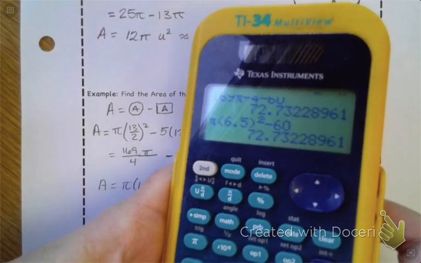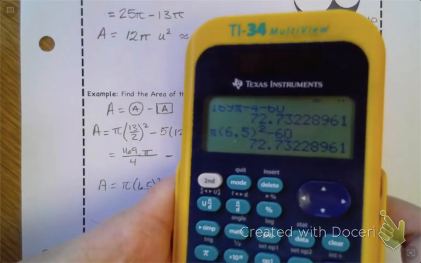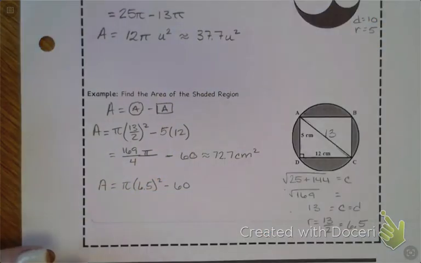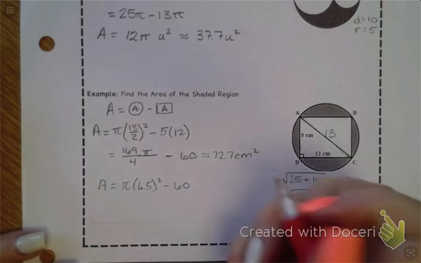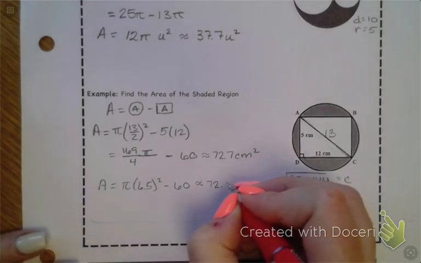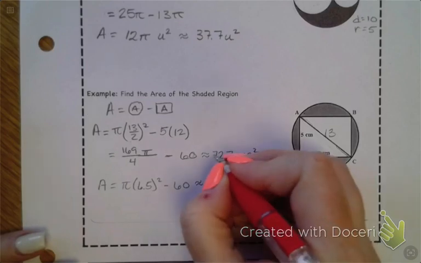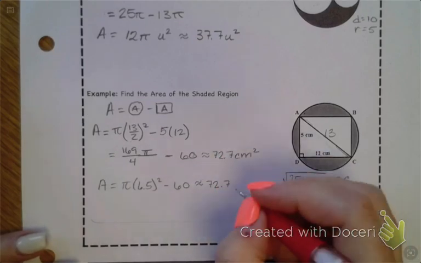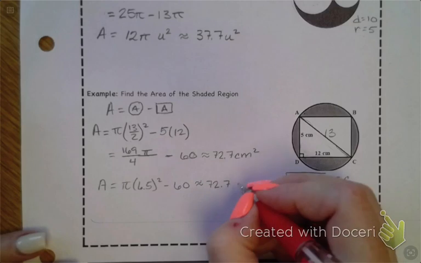And I get the same answer. So 72.7. So either way you do it, I wanted to show you that it does work. The only plus to doing the fraction is I know 13 squared and I know 2 squared, but I don't know 6.5 squared, which would be the same as 65 squared.